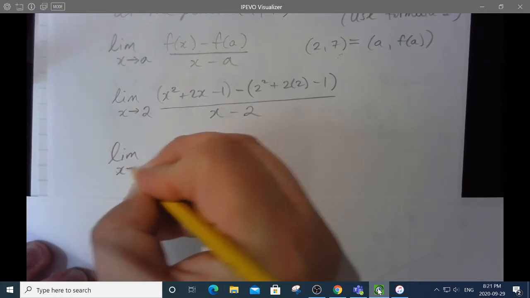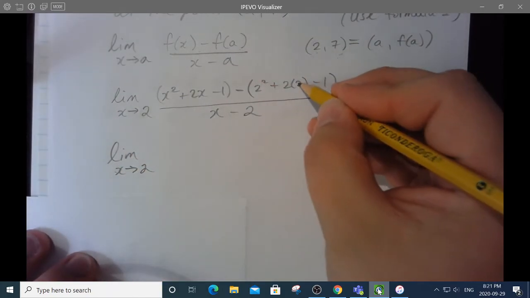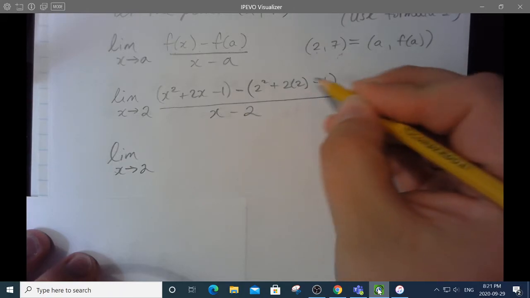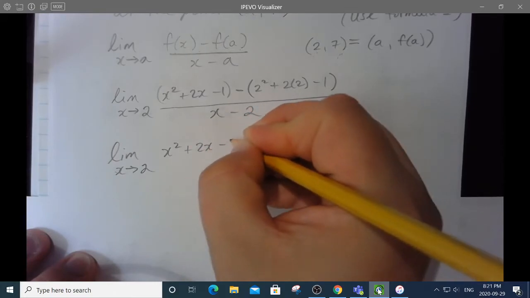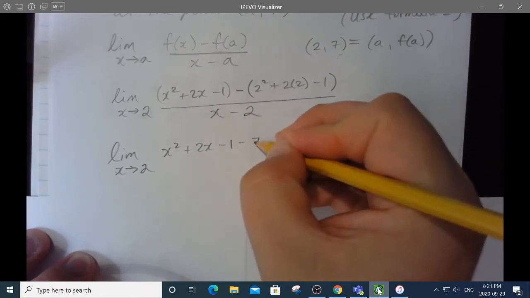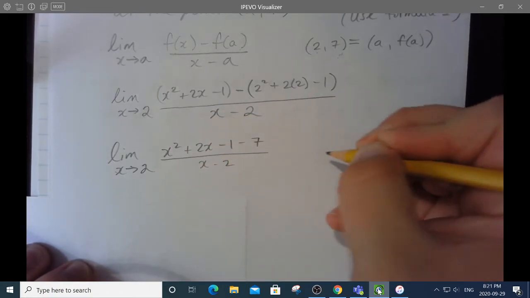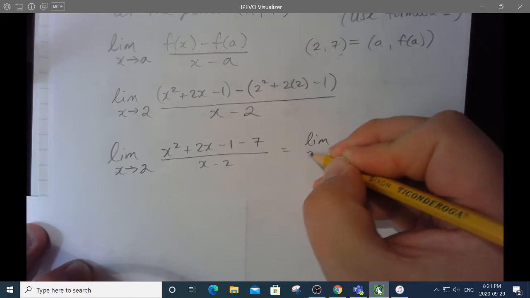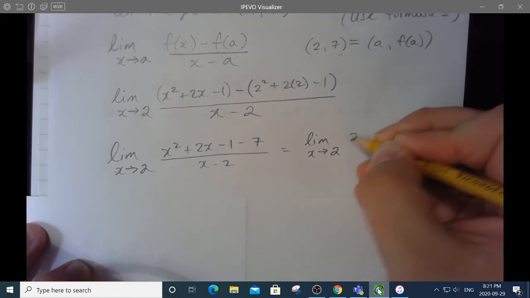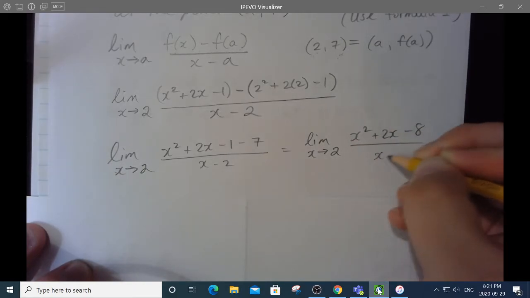The limit as x approaches 2, some of you probably see it already. This is 4 plus 4 is 8, 8 minus 1 is 7. So this is x squared plus 2x minus 1 minus 7 all over x minus 2. I'm going to simplify that to the limit as x approaches 2 of x squared plus 2x minus 8 all over x minus 2.